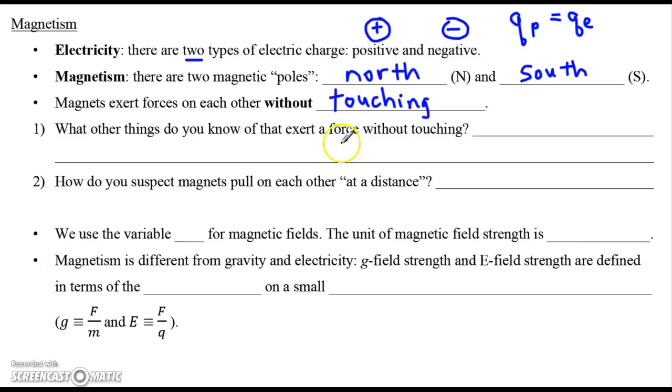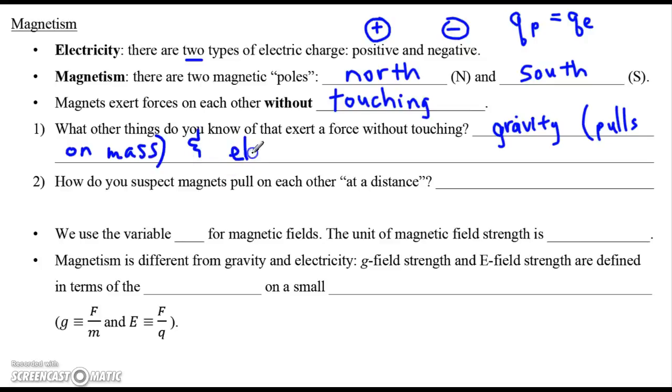The other things that can exert forces without touching are gravity, which pulls on all mass, and electricity, or we'll say the electric force, which pulls on charge.